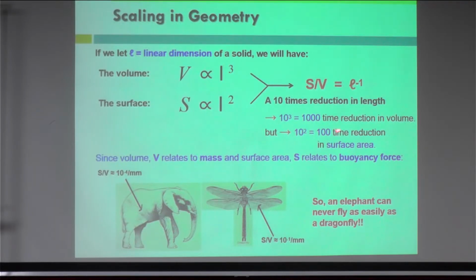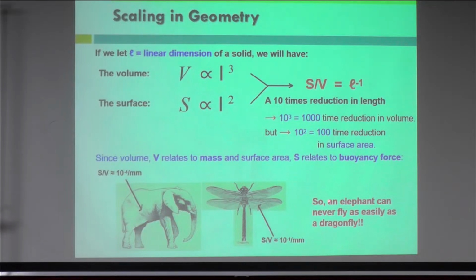But for the surface, 100 times reduction, right? So in the surface area. So that is, we'll conclude this: since volume V relates to mass and the surface area S relates to the buoyancy force, we see the comparison of elephant and dragonfly, how difficult it is for an elephant to fly in comparison with a dragonfly.